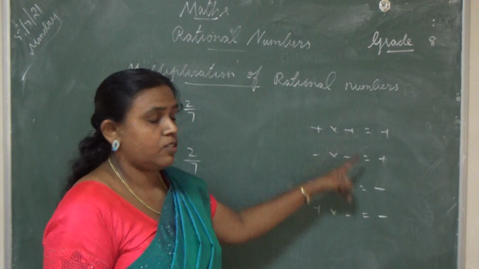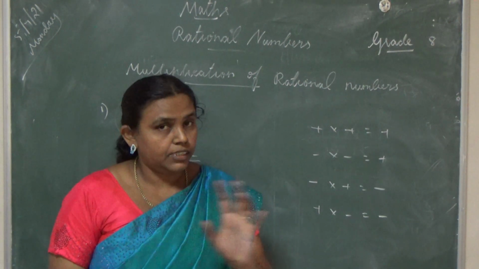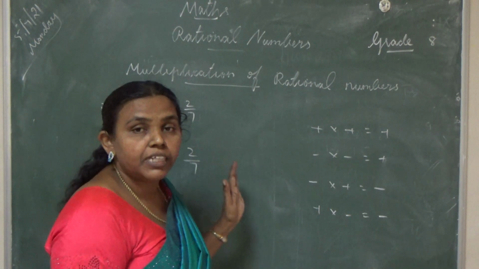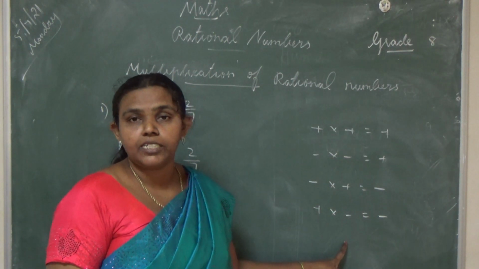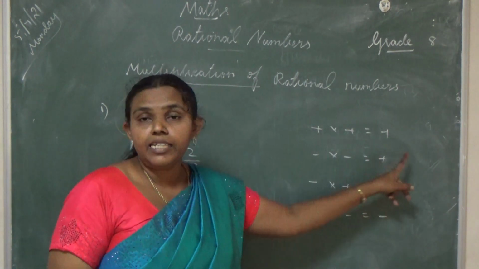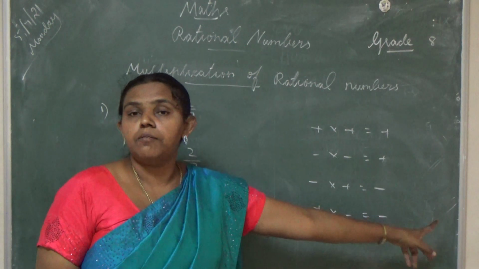This only you must know for multiplication of rational numbers. You don't have to convert the denominator or find the LCM. You only must know the rules for multiplication of integers.